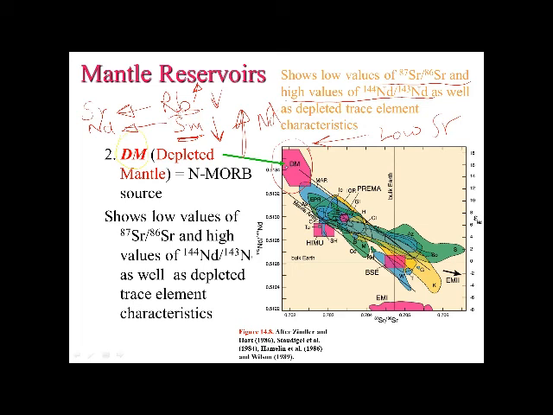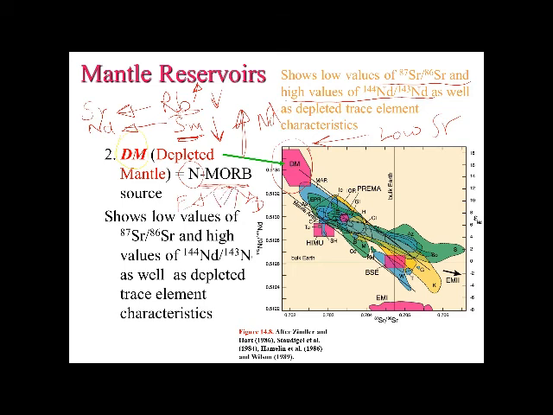One more point: this depleted mantle is the source for mid-ocean ridge basalts. Why did we use N-MORB? N-MORB means normal MORB. MORB is categorized into three types: E-MORB, D-MORB, and N-MORB.